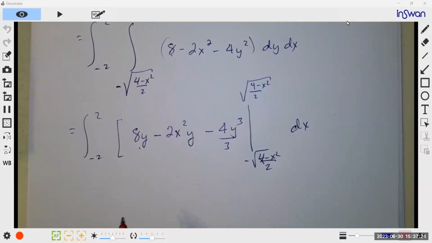We have to eventually multiply it anyway.